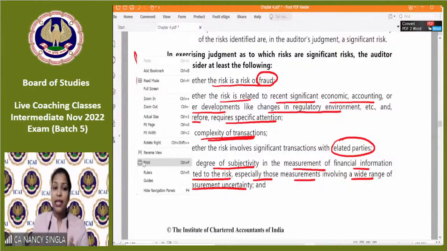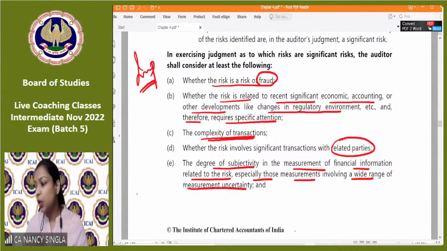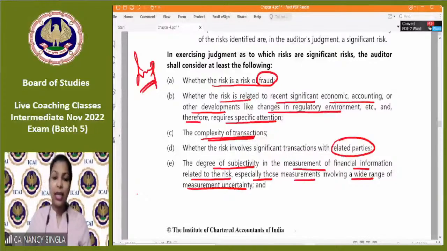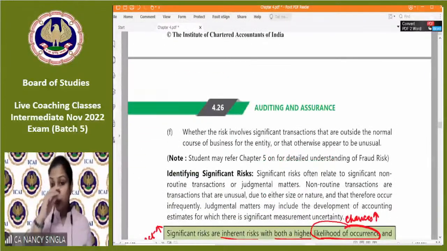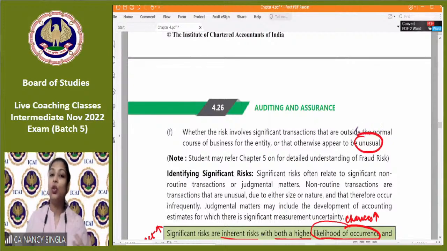So there is measurement uncertainty. So it becomes significant. And where there are unusual transactions, those risks with respect to unusual transactions also become significant risk. I gave you the example of property sale.